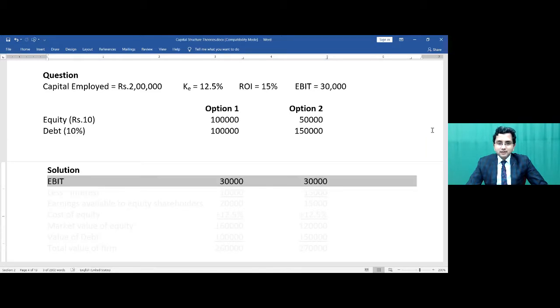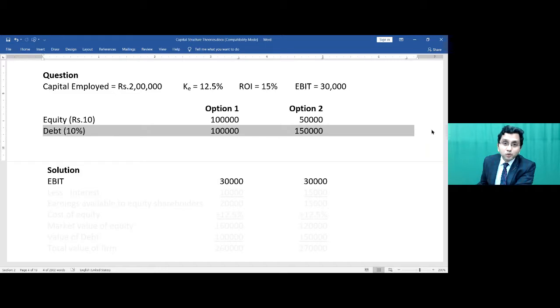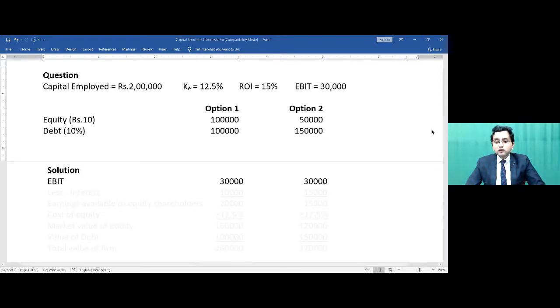Look here, EBIT, earning before interest and tax, is 30,000 rupees. Whether you choose capital structure 1 with debt of 1 lakh rupees, or capital structure number 2 with debt of 1 lakh 50,000 rupees, in both cases EBIT is the same. Let me ask you one question.